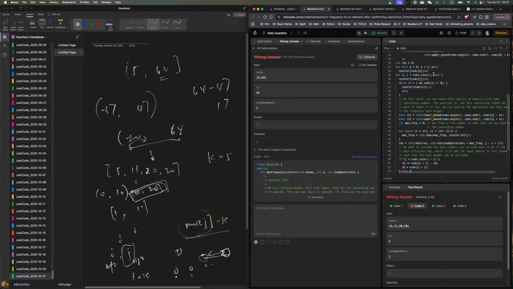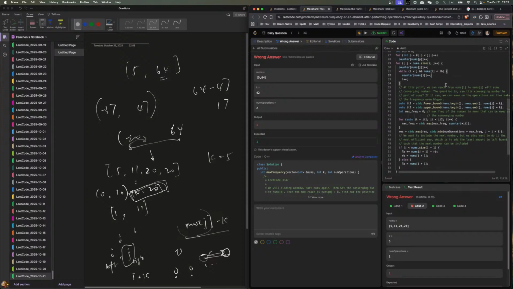So, but this one has to. So it should be. Actually, this should be a while loop, right? So it should be a while I smaller than j. I smaller or equal to j. I can be equal to j.